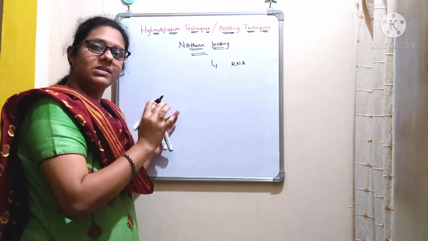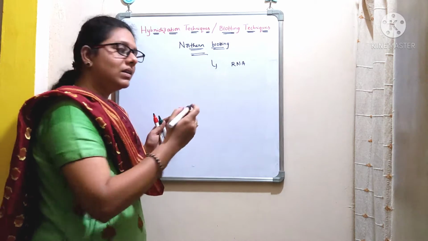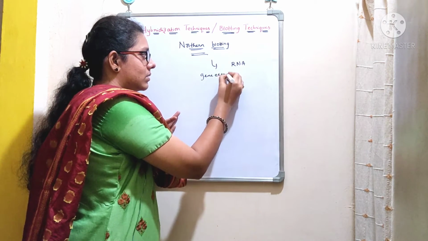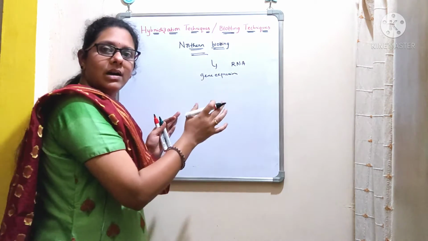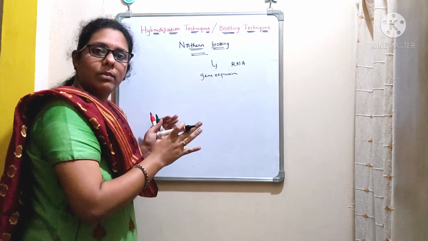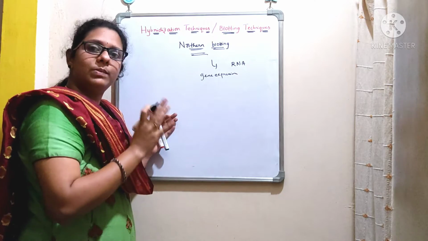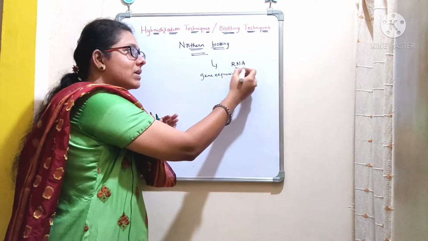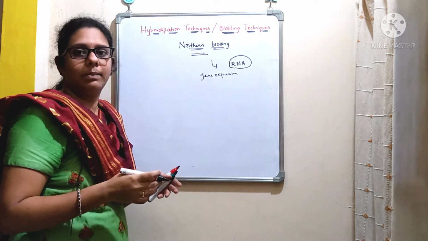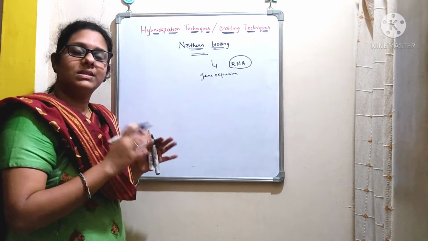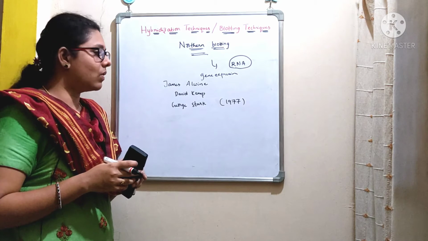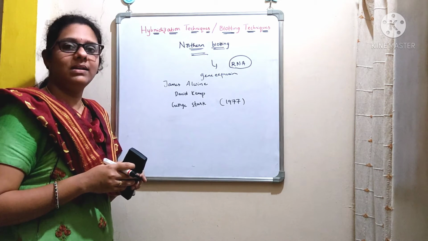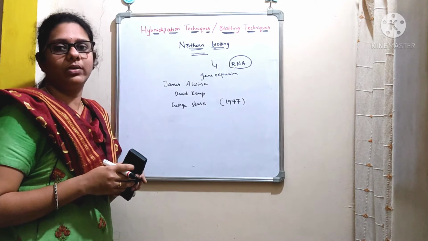And with the help of this technique it is possible to study gene expression, by detecting the presence of the RNA in a sample. This technique was developed by James Alwine, David Kemp and George Stark in the year 1977 at Stanford University.